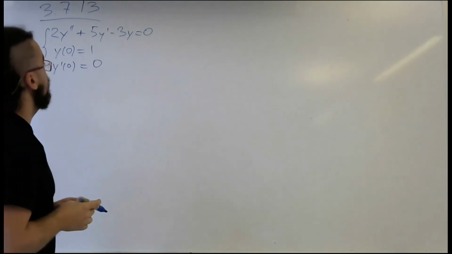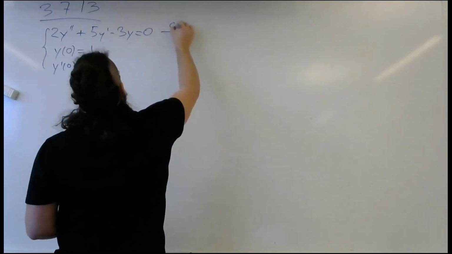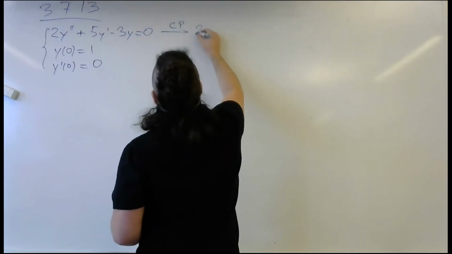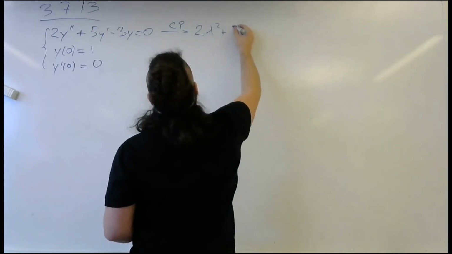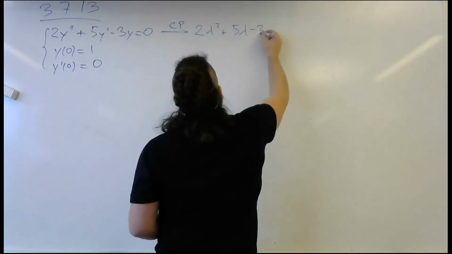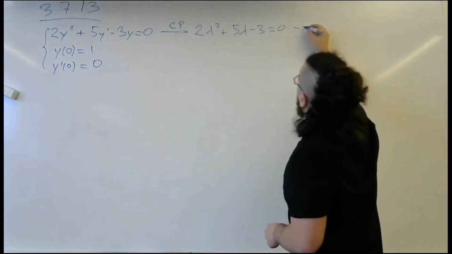So, first of all, let's solve this equation. Characteristic polynomial is 2 lambda squared plus 5 lambda minus 3 equals 0.